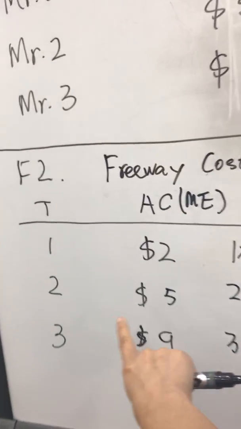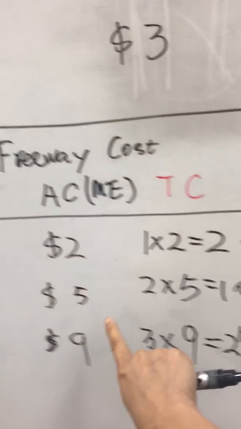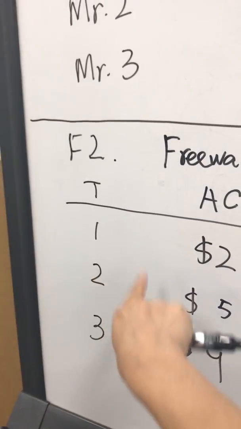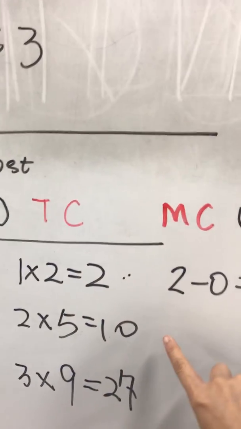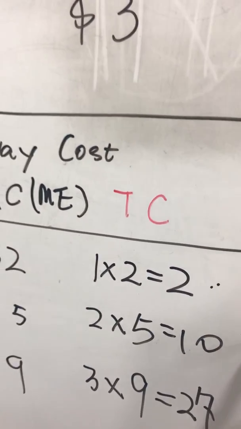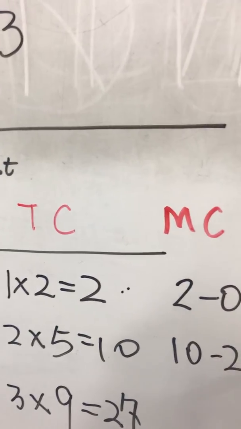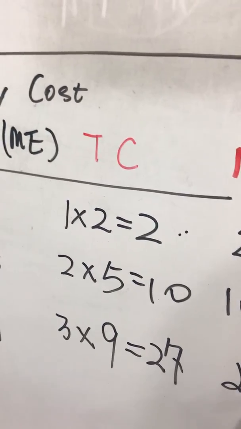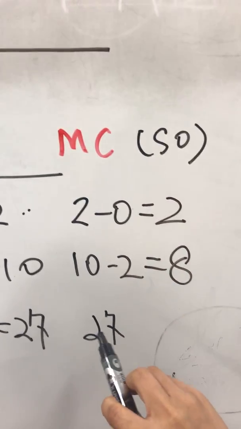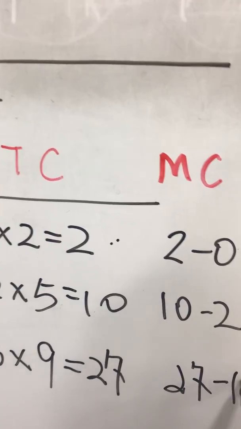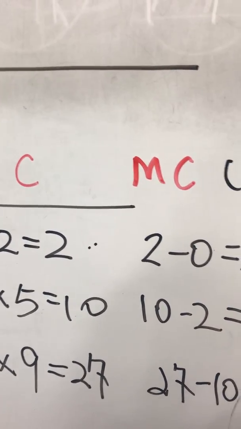Similarly, if we have 2 people on the freeway, the marginal cost will be brought by the extra person. Then we just need to use 10 minus 2, which will be $8. And then the marginal cost for the 3rd user added to the freeway will be 27 minus 10, which is 17.